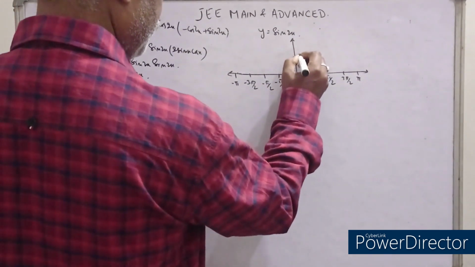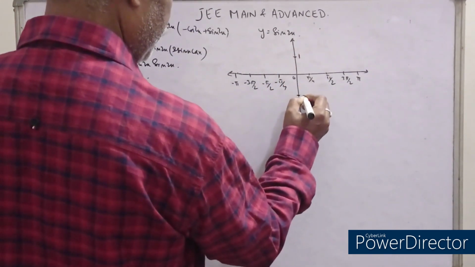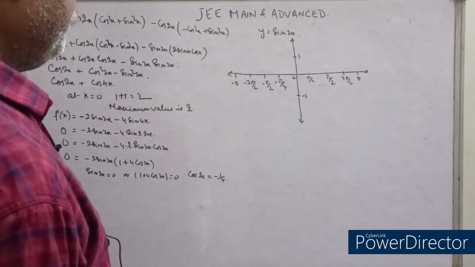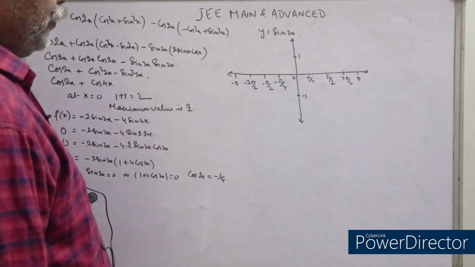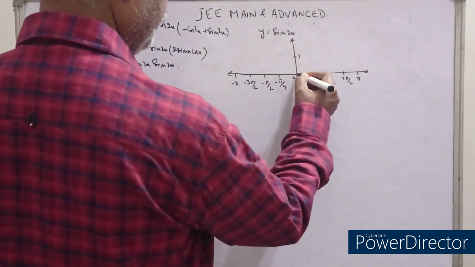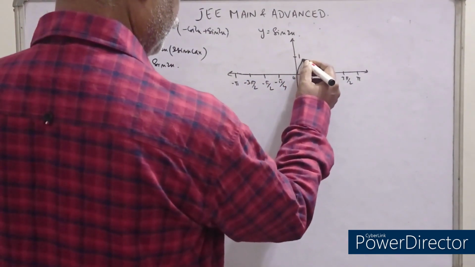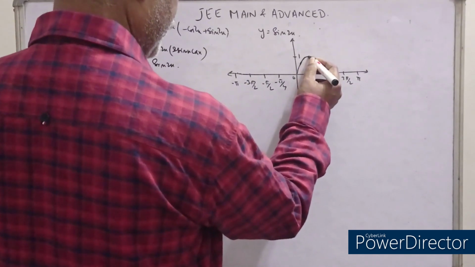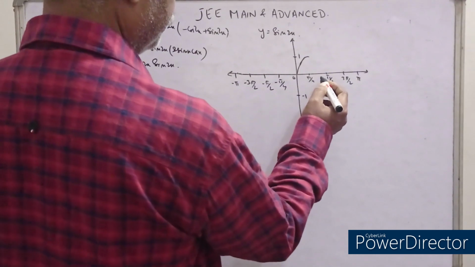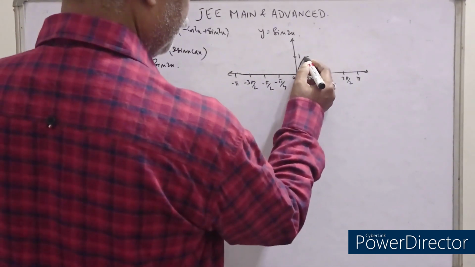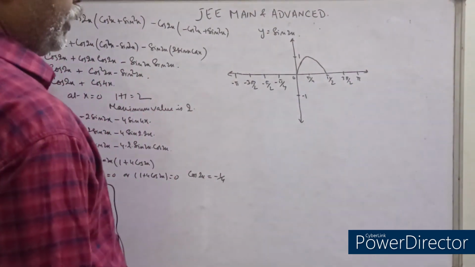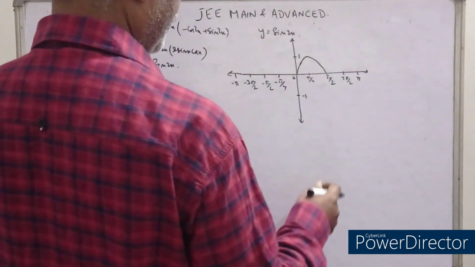Here this will be plus 1, and there will be minus 1, because maximum value is 1 and minus 1. So sine 0 is 0, pi by 4 means 1, that means it goes like this, and then pi by 2, pi, that is 0.